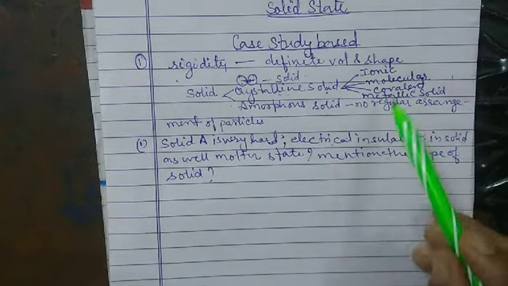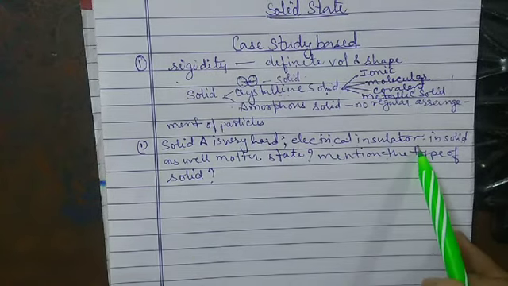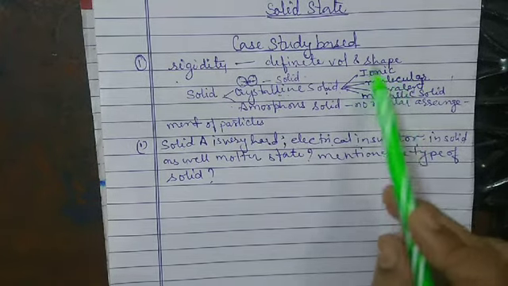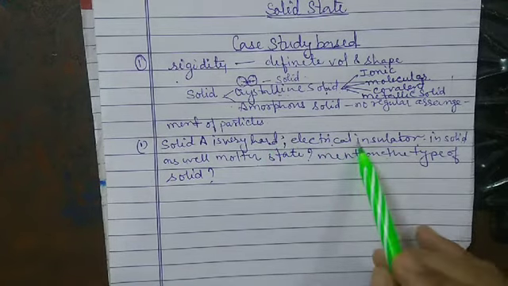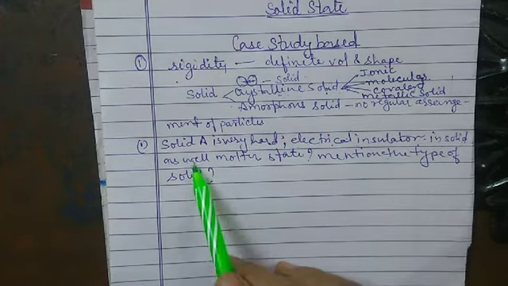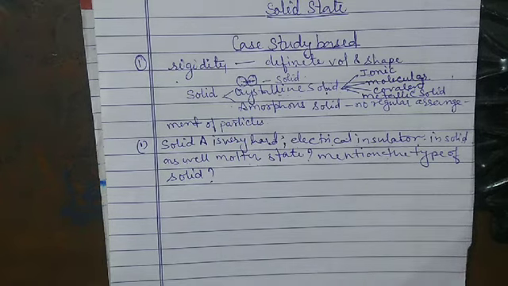Now it is clear that the term electrical insulator is used, that's why it's not an ionic solid. It is very hard. It acts as an insulator in the solid as well as molten state. It melts at very high temperature.